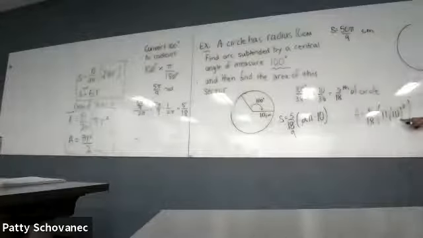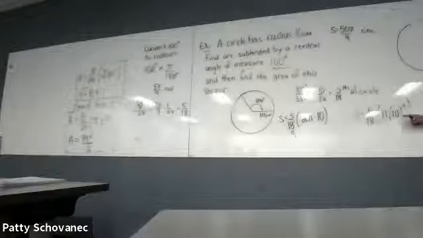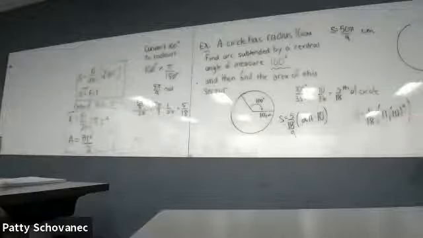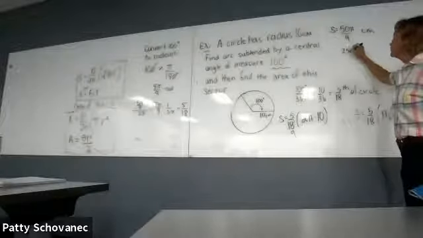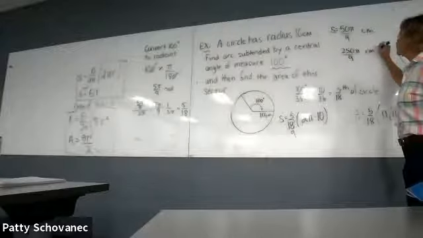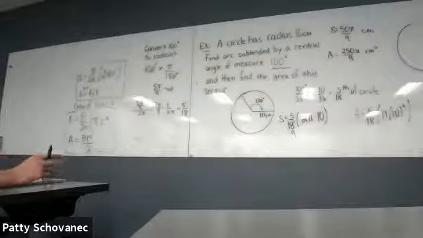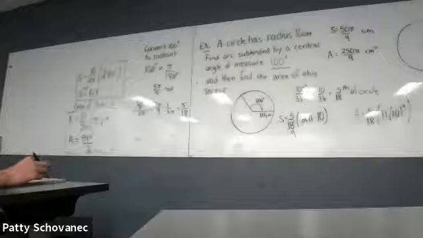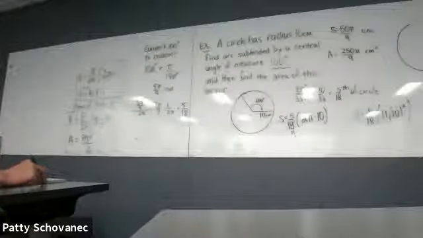Over here again, I get 100. So 18 and 100 are both divisible by 2. So this becomes 50 pi over 9 times 5 is 250 pi over 9 centimeters squared of area. Agree?